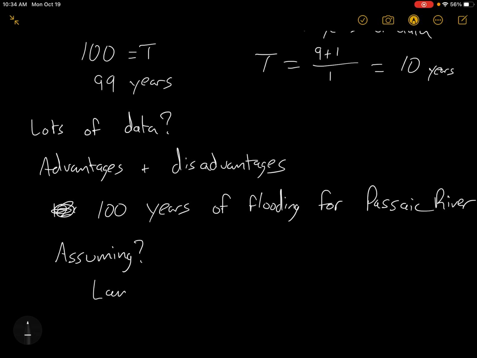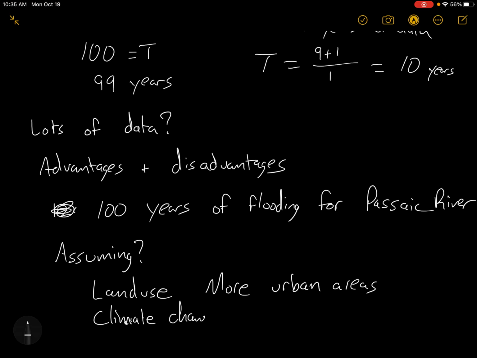Well, what changes did you come up with? Well, some big ones are changes in land use. So in that time, there's been more urban areas. That's going to create more runoff. There's changes in climate, where we have more precipitation these days than we did 100 years ago.